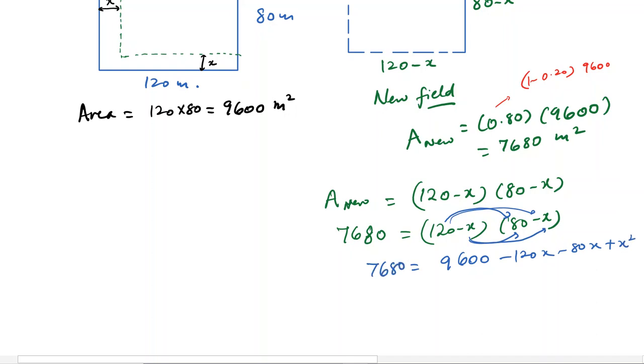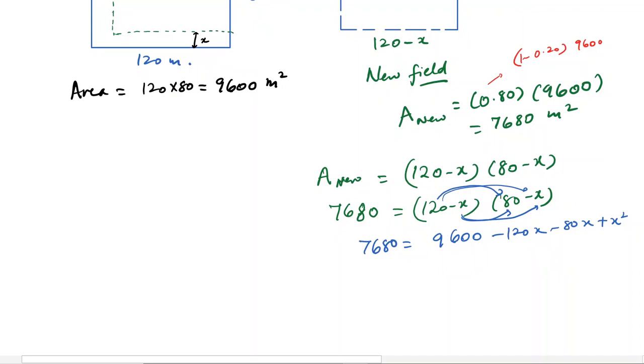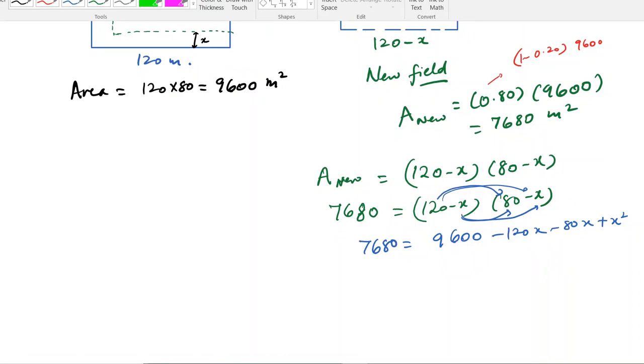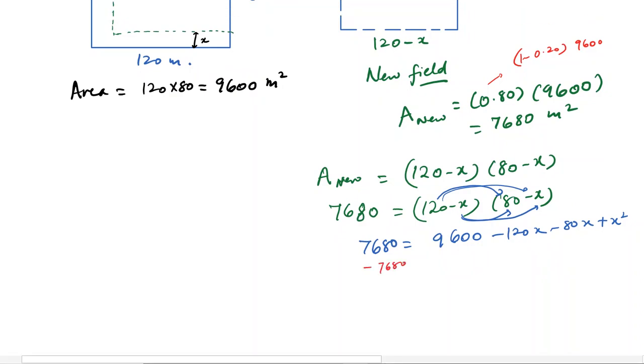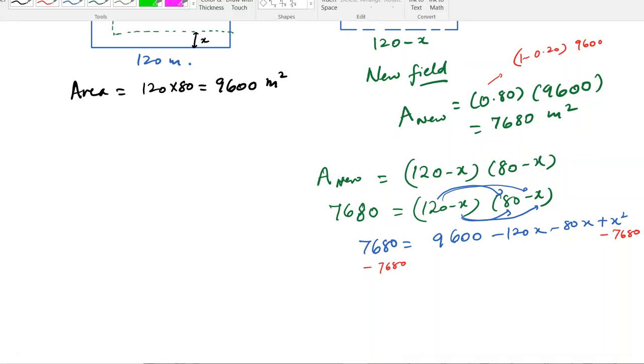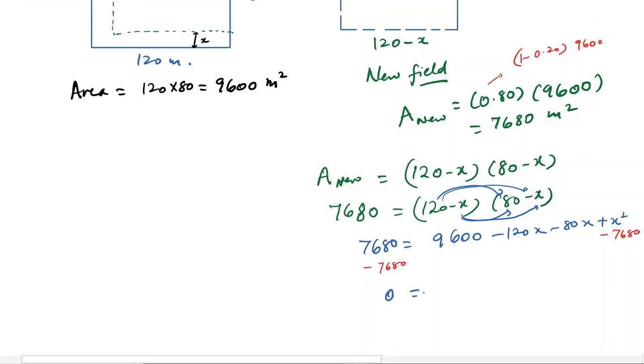When we do the rearrangement, we can subtract 7,680 on both sides. So subtracting 7,680 on both sides, we get 0 equals 9,600 minus 7,680, that's 1920, and also we have negative 120x and negative 80x, so negative 200x plus x squared.